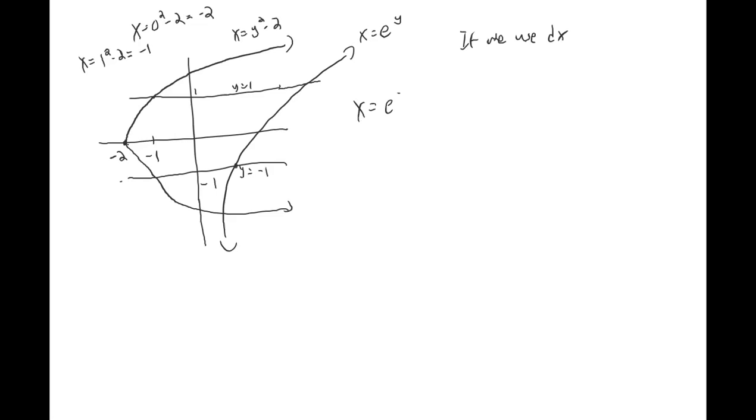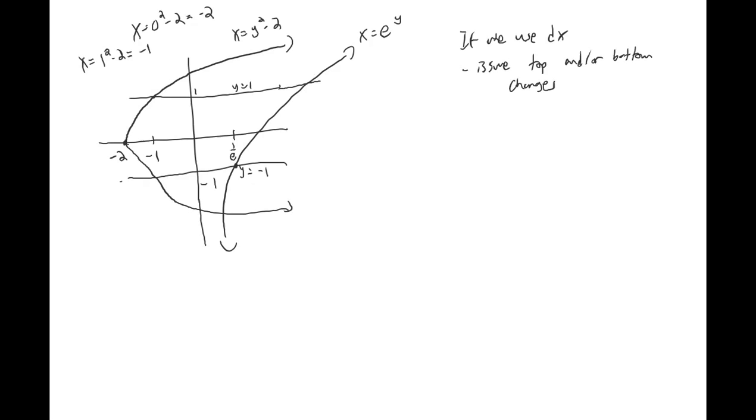So this is e to the -1, which is 1 over e. Now, I claim we need 3 integrals if we're going to do dx. The issue is it is top minus bottom, but the top and/or bottom changes.